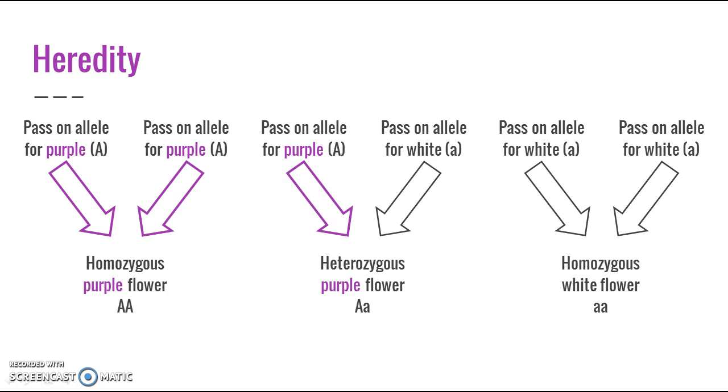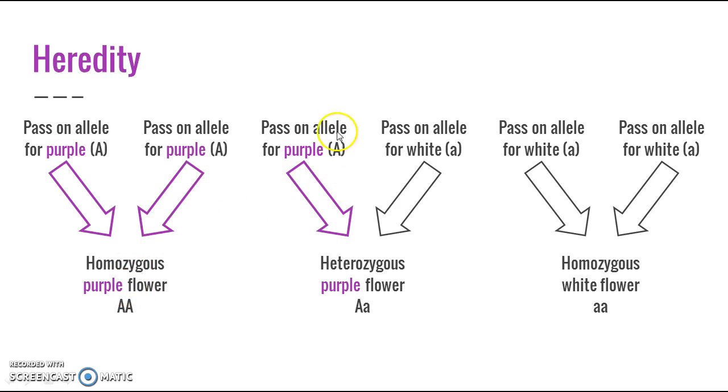When we look at inheritance or passing on of traits, it's easy to see that if an individual plant passes on a purple allele or a dominant version of the gene, and if the other parent also passes on a purple allele, the offspring would result as homozygous dominant, big A, and their phenotype would be purple.